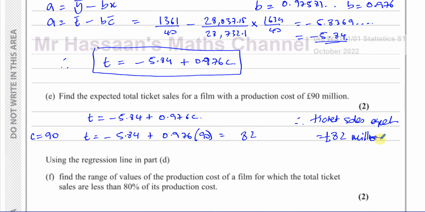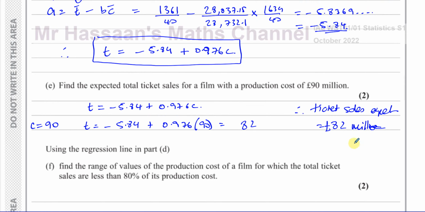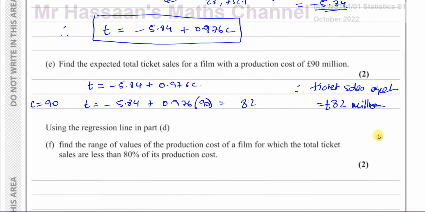Very important. Then it says, using the regression line in part D, which is what we found here, find the range of values of the production cost of a film for which the total ticket sales are less than 80% of the production cost.